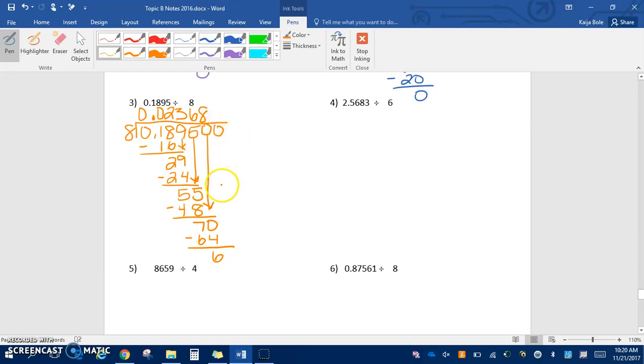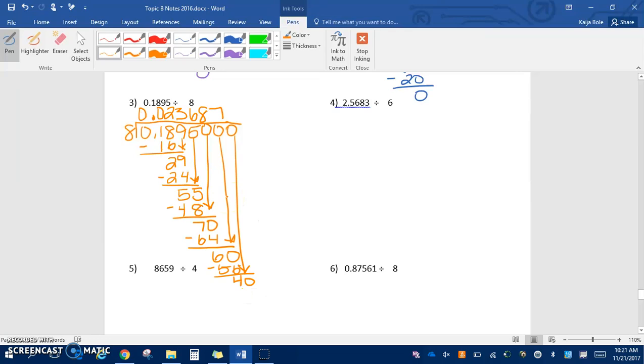Add another 0. Bring it down. Now how many whole groups of 8 go into 60? 7 whole groups, and 7 times 8 is 56. If we subtract 56, we get a 4. Add another 0, bring it down.